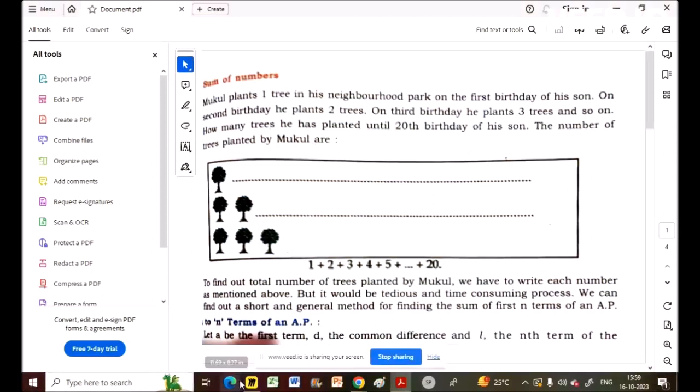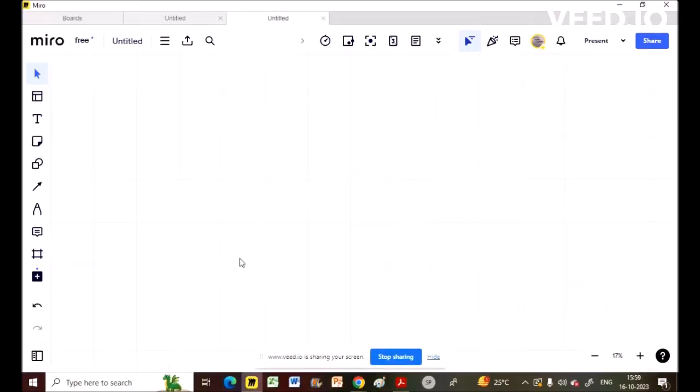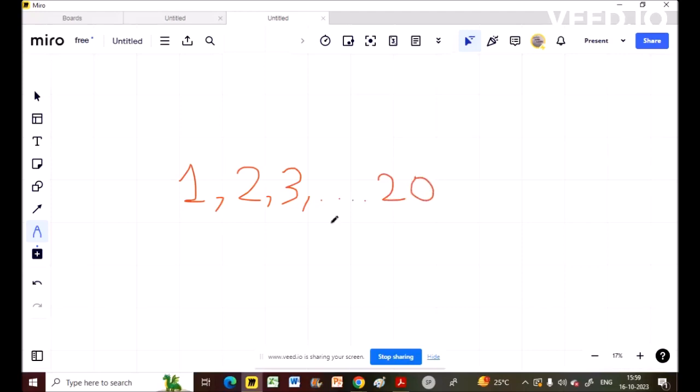If you notice, Mukul has planted one plant on his son's first birthday, next 2, next 3, and so on, and they are asking us to find out how many plants he has planted by the 20th birthday.